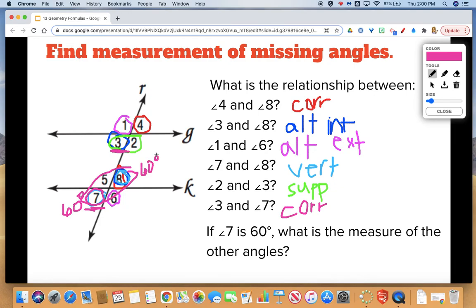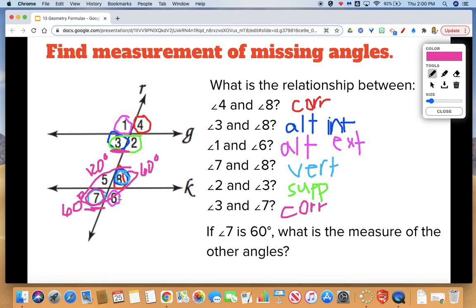There are so many ways to connect these here. I could now use 8's knowledge, now that I know that's 60 degrees, and connect that with my 5 next door. I know that these are supplementary, so their total should be 180. So 60 to get up to 180, that would be 120 degrees for angle 5.